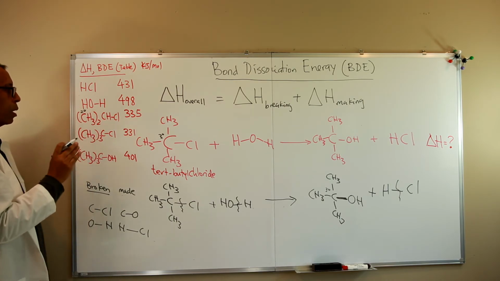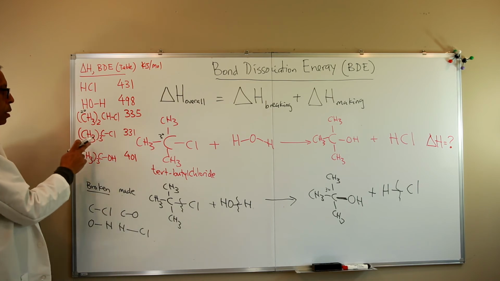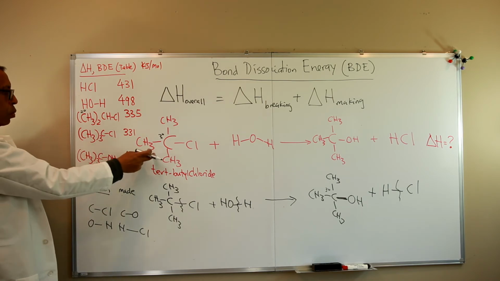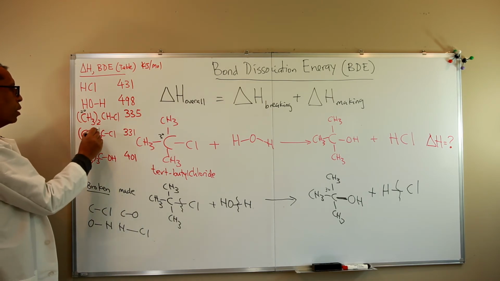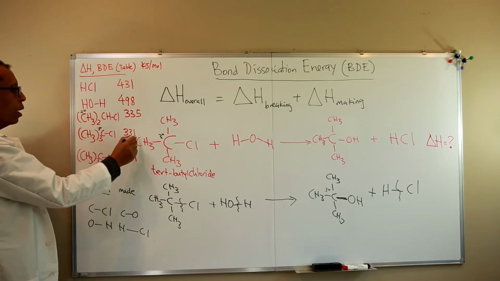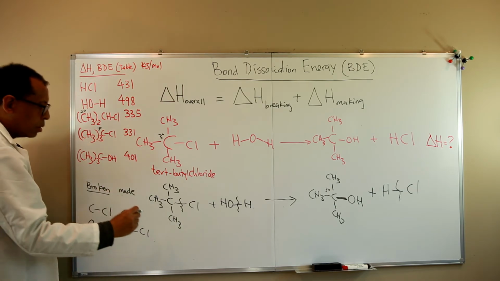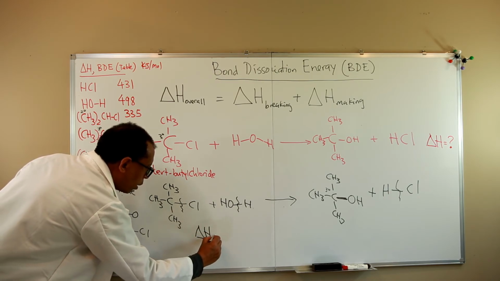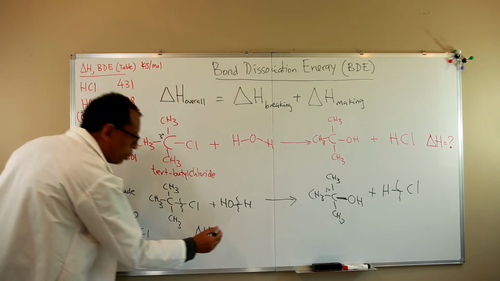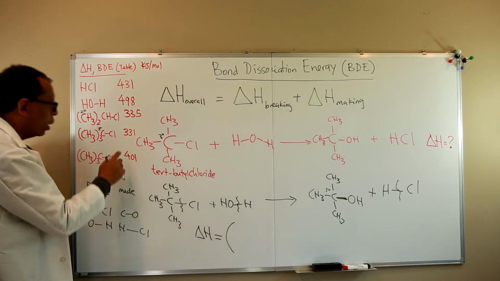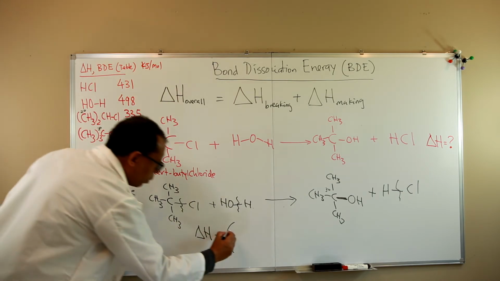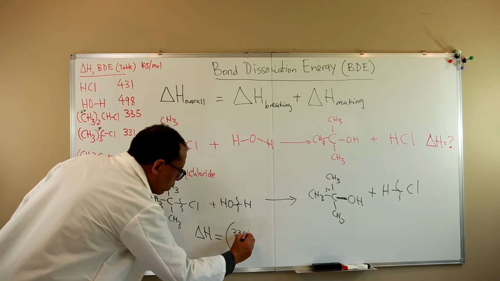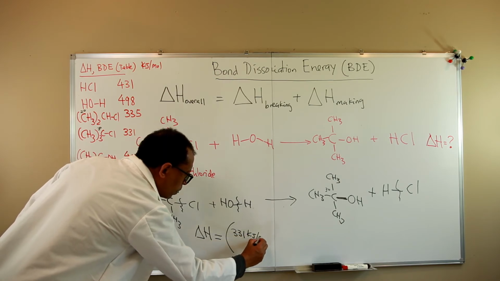So be careful what kind of carbon we are dealing with. This one matches the tertiary carbon. The total energy is 331. So delta H overall is calculated as bonds broken. One is 331 kilojoules per mole.